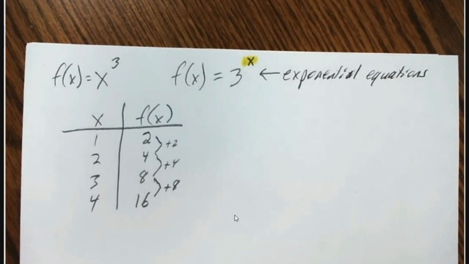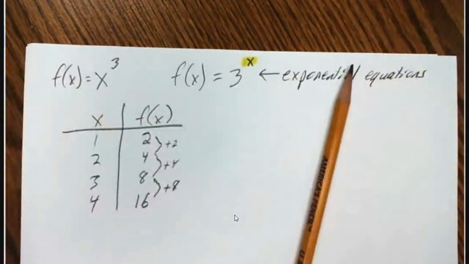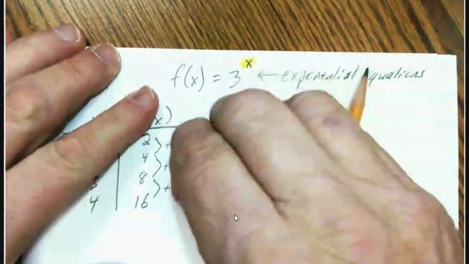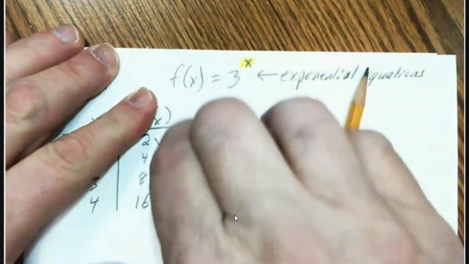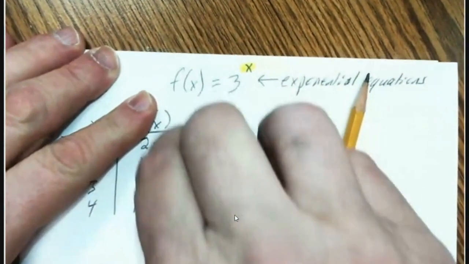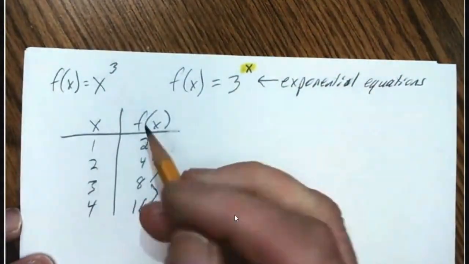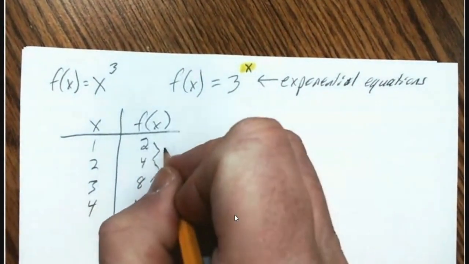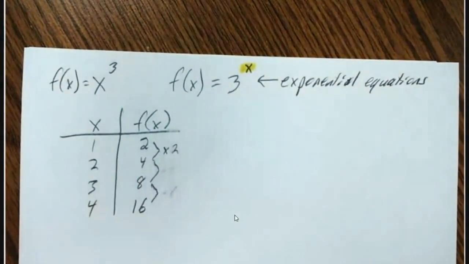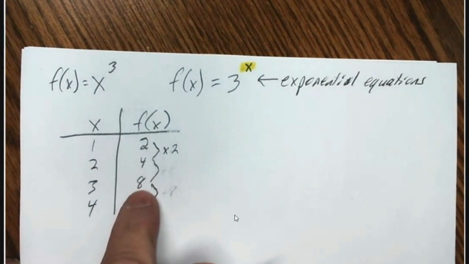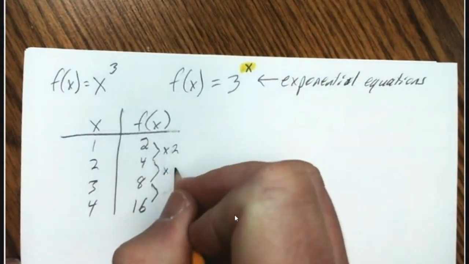But we can look at it a different way. Let's say we're not going to talk about adding, because we can see there's a different pattern going on there. Going from 2 to 4, that's multiplying times 2. Going from 4 to 8, that's multiplying times 2.